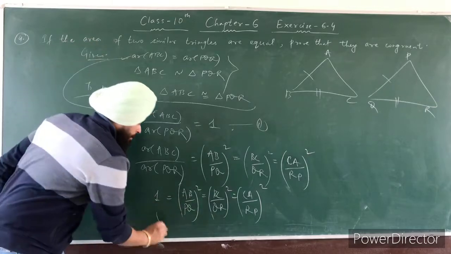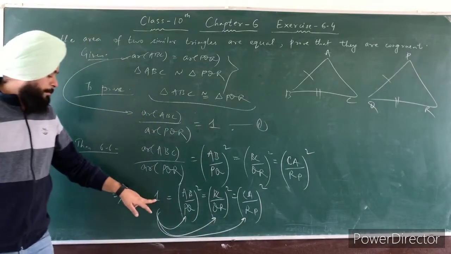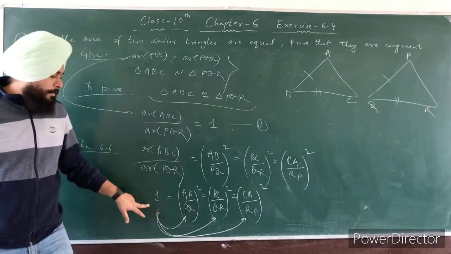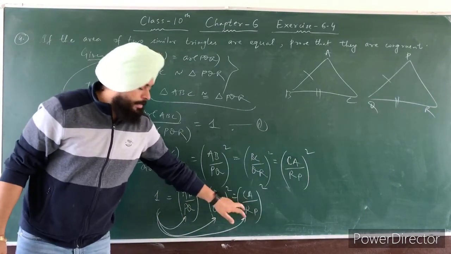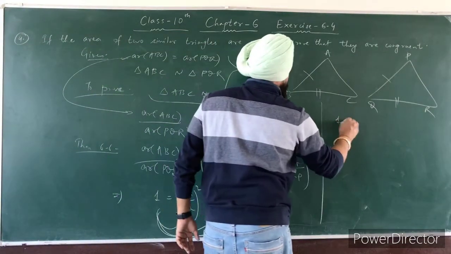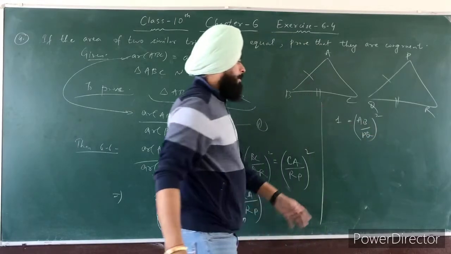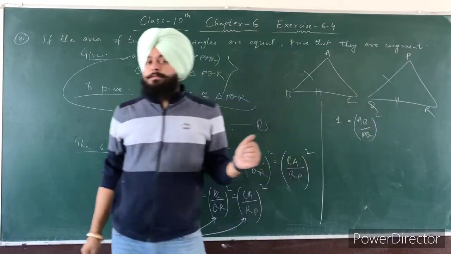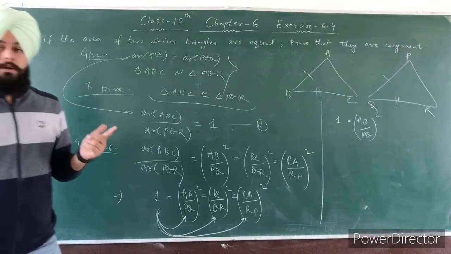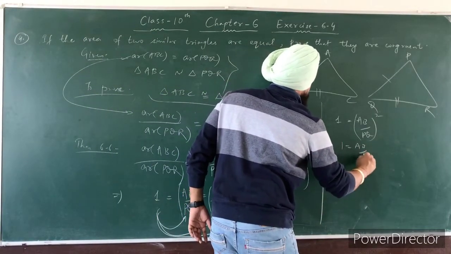So one by one you can compare this. First you can compare the 1 with this term, then 1 with this term, and then 1 with this term. So we will get 1 is equal to (AB over PQ) squared. So when you take this square on the left hand side, it becomes square root, and the square root of 1 is 1. So this implies 1 is equal to AB over PQ.